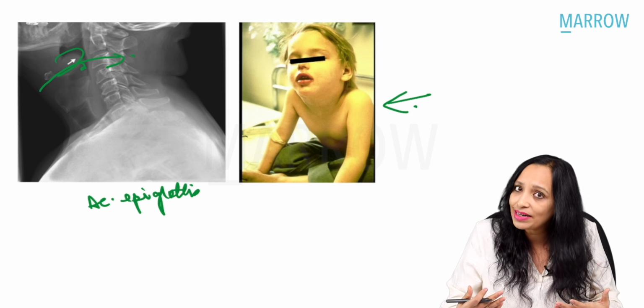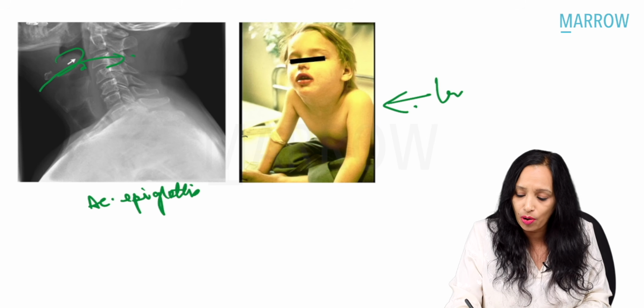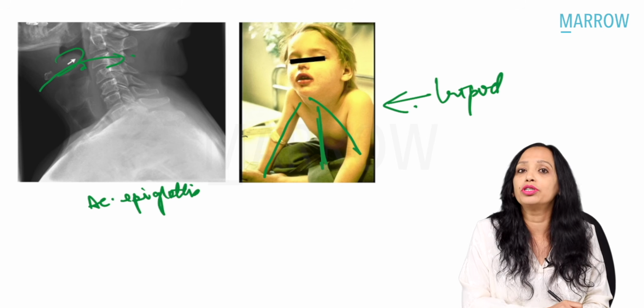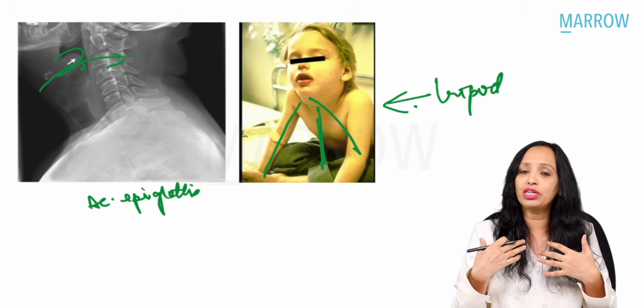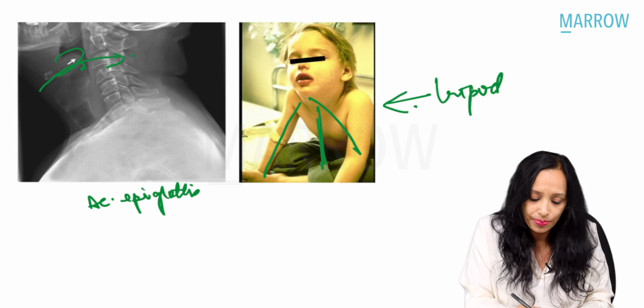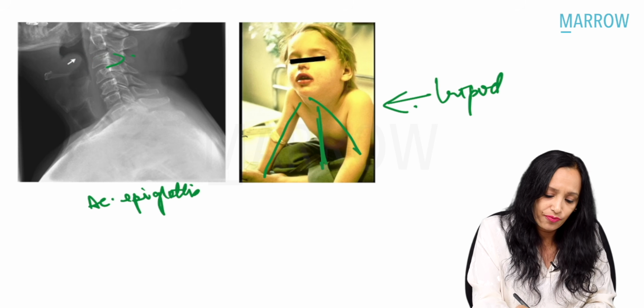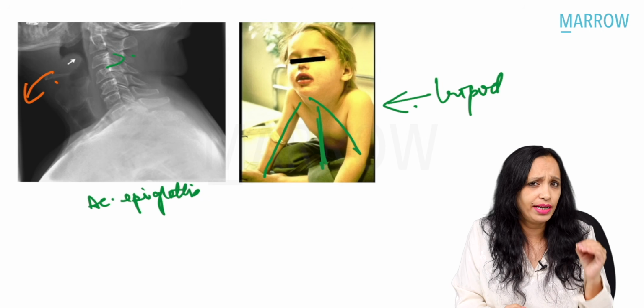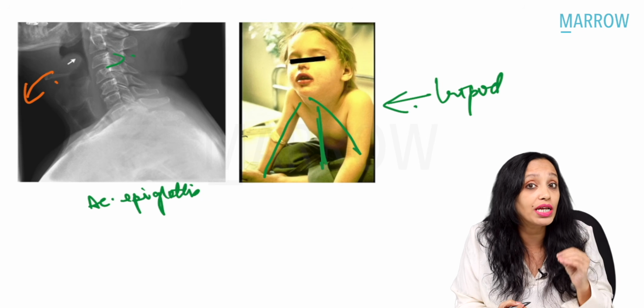This is bending down, or this is known as the tripod position, right? The tripod position. And also when this patient will lie in front prone, all this swollen epiglottis will fall in front and the stridor will disappear. And very, very important finding, this patient will have drooling of saliva. Why?